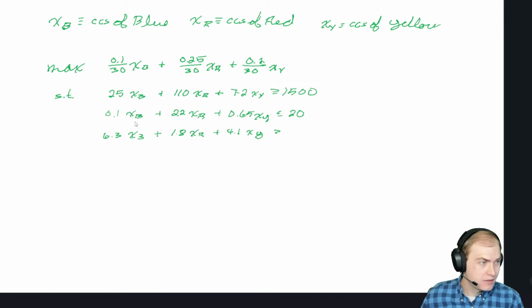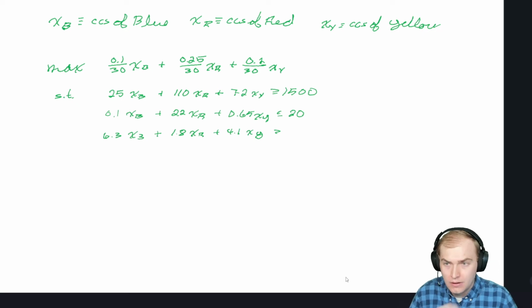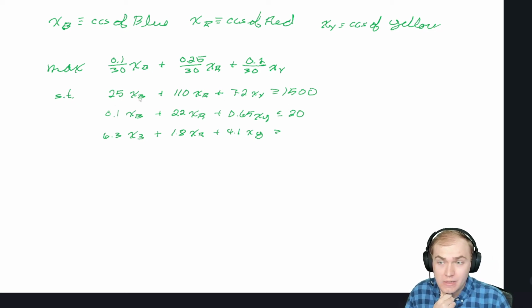And then I start working on the constraints. He needs 1,500 calories in the mixture, so the calories times the amount of each has to be greater than or equal to 1,500. The fats times the amount of each variety should be less than or equal to 20.